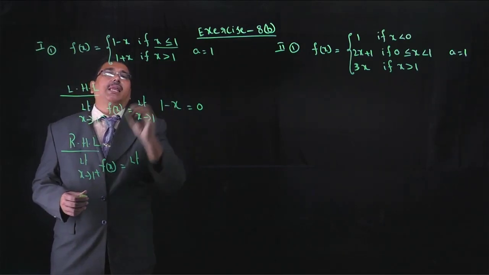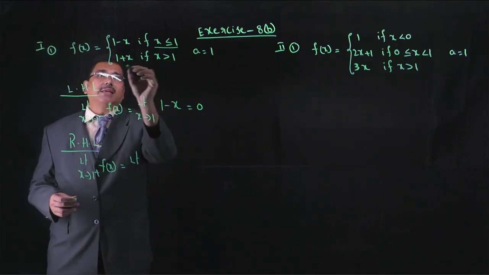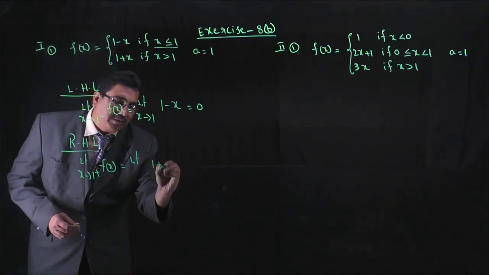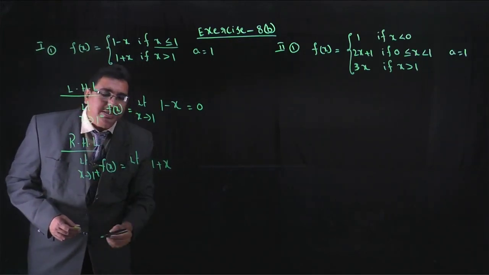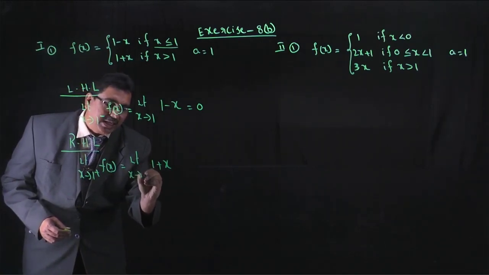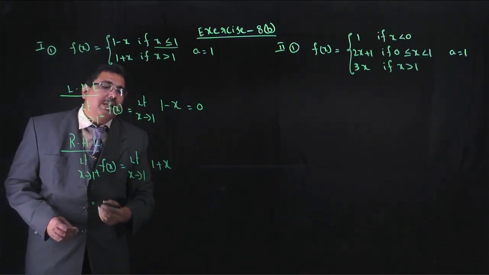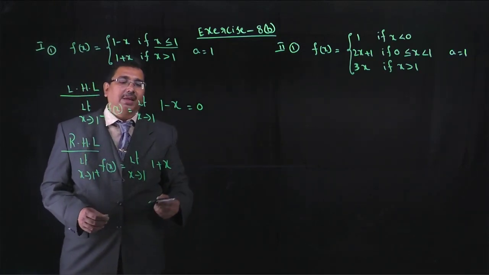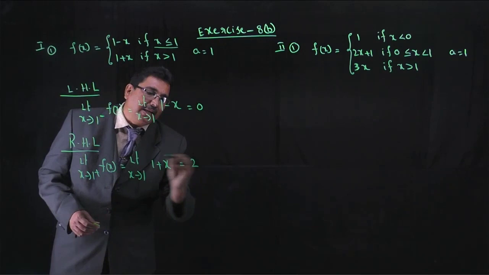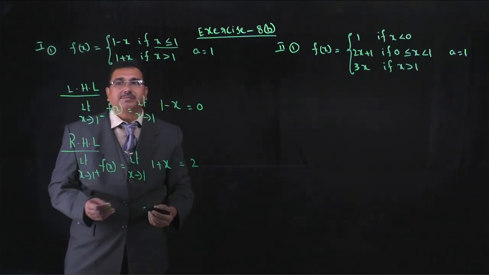If x greater than 1, what is f of x? If x greater than 1, f of x is equal to 1 plus x. In this also, no need to write x tending to 1 plus, simply write x tending to 1. By applying the limit value, we get the limit value is equal to 2.